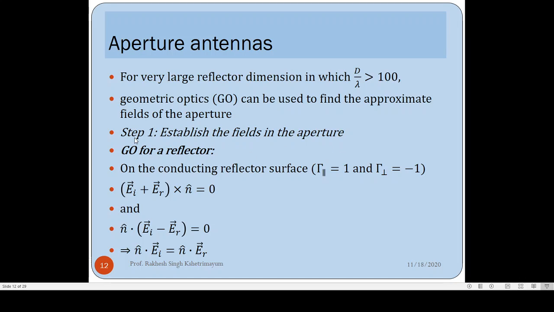That's a usual step for any kind of aperture antenna. Here you can use geometric optics because the reflector dimension is huge. So here on the conducting reflector surface, usually parabolic in shape, you can apply the laws of reflection.